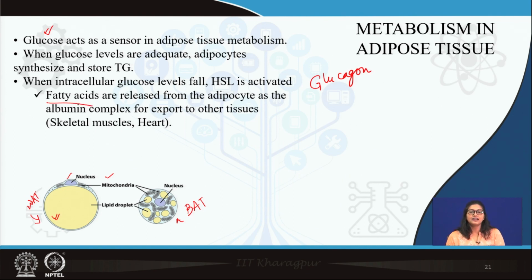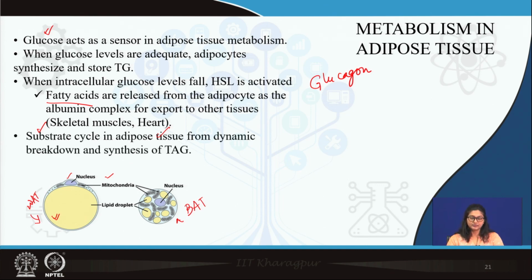Now these free fatty acids then are supplying energy. How? Fatty acids bound to albumin are exported to different tissues like skeletal muscle and heart, and there they are utilized for beta oxidation, providing energy. So this is the role of adipose tissue based on the blood glucose availability.